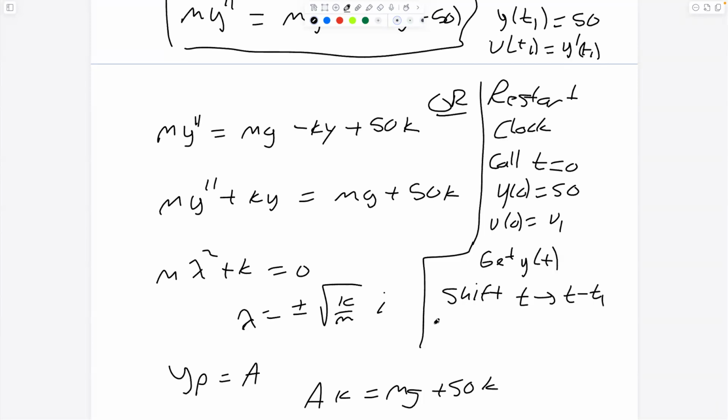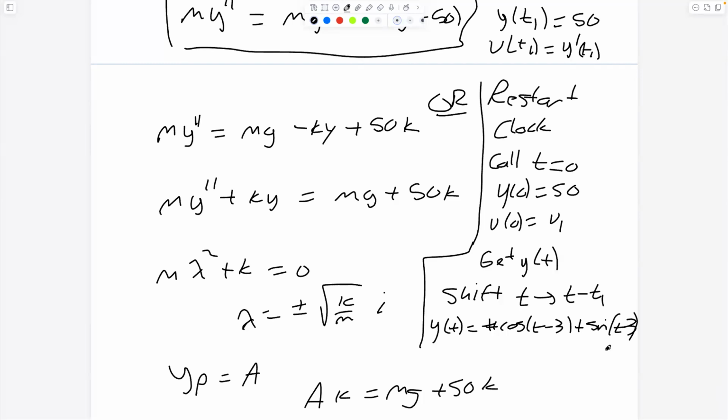So you're going to get some solution that might look like y of t is some number times cosine of t minus 3.2 seconds plus some sine of t minus 3. All the t's now are replaced with t minus 3.19, whatever that t1 time is.